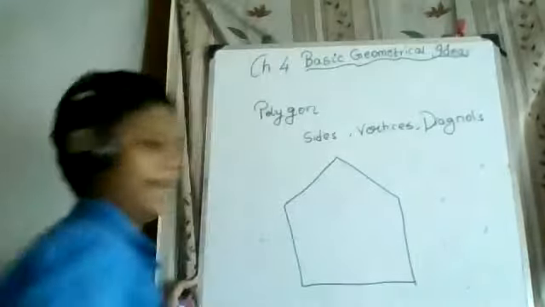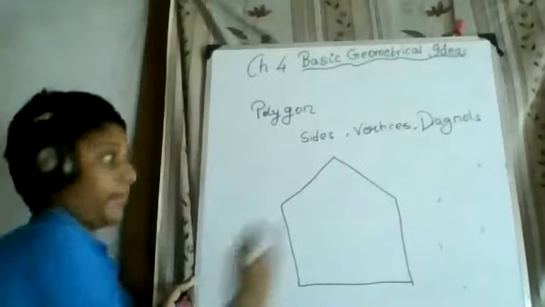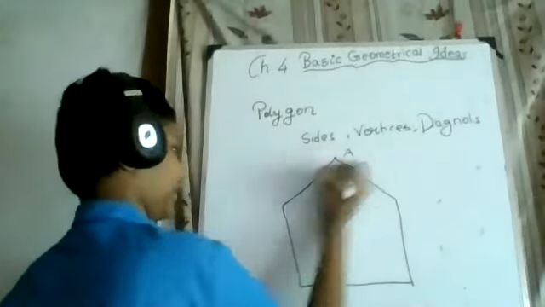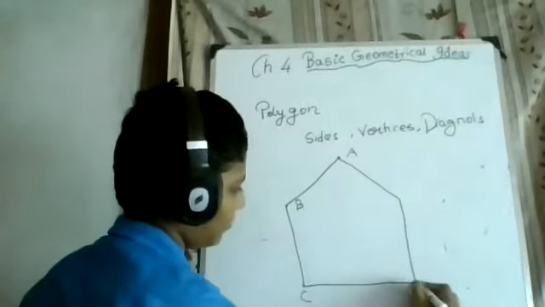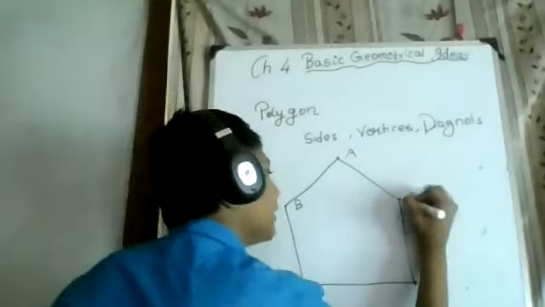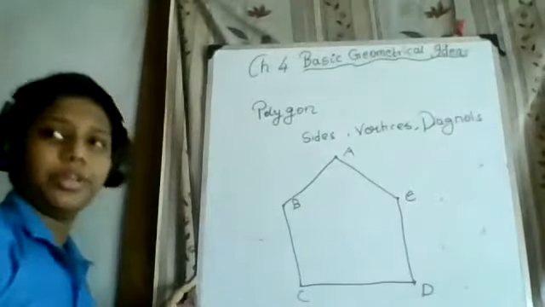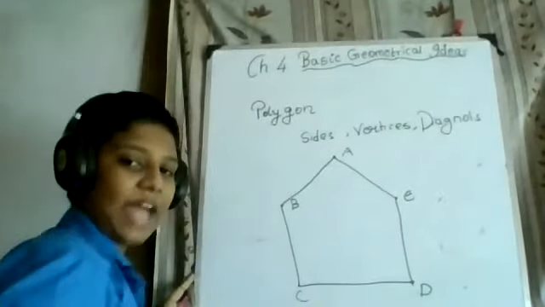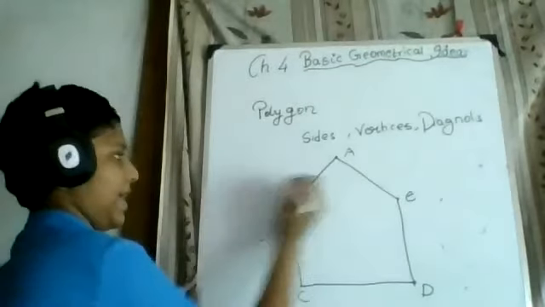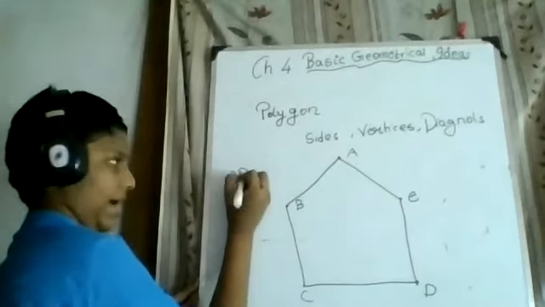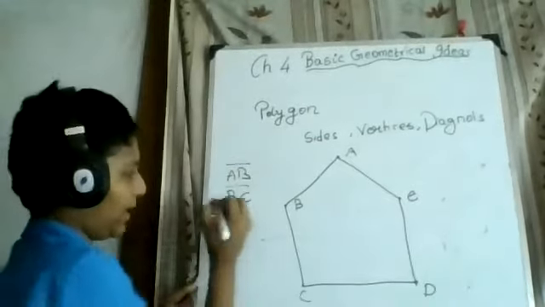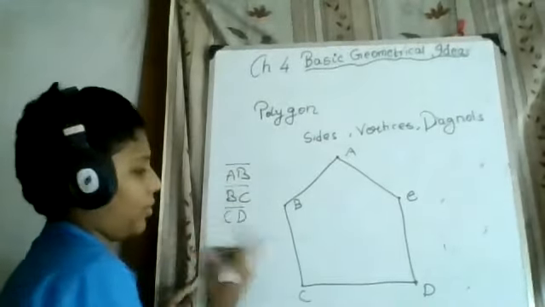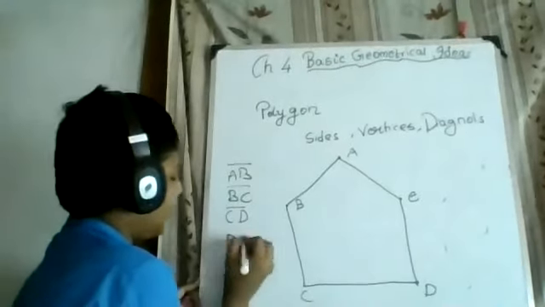It has 5 points: A, B, C, D, and E. Now, it has 5 sides. AB is a side, BC is one more side, CD is one more side, DE is one more side, and AE.